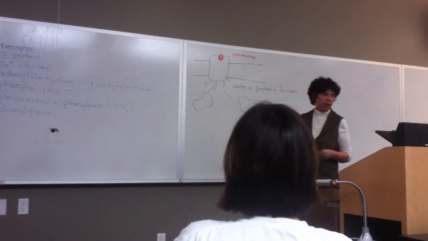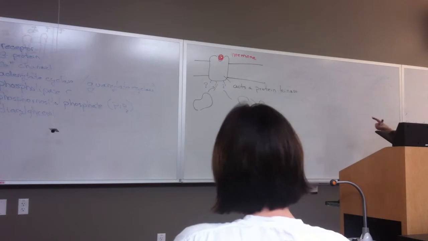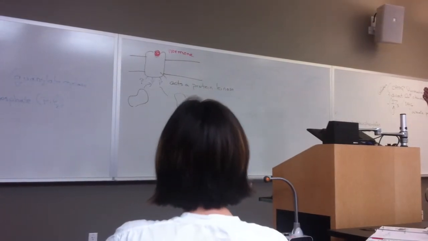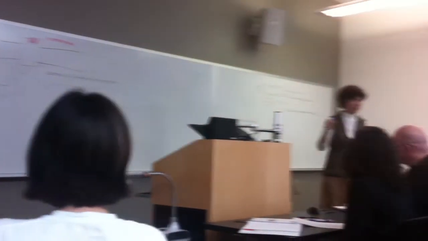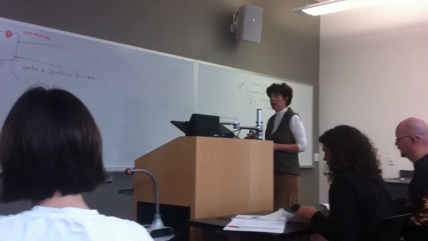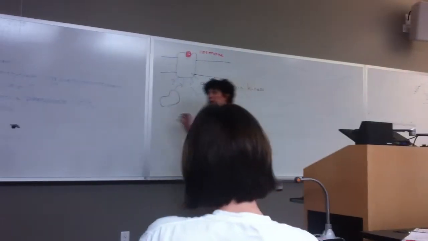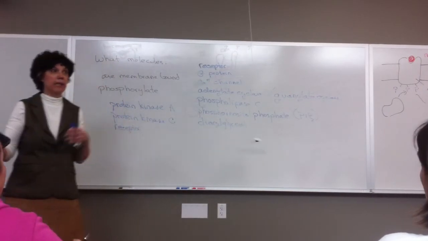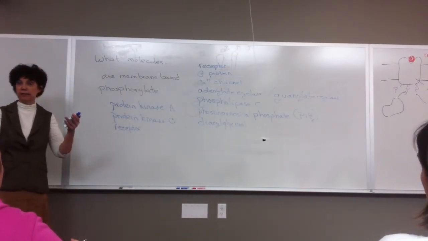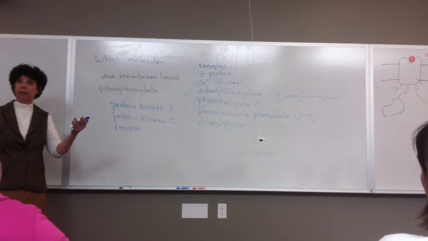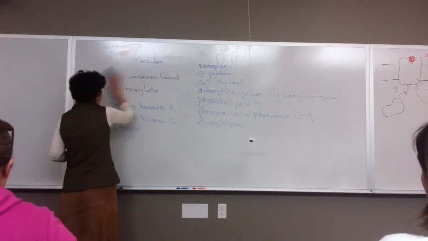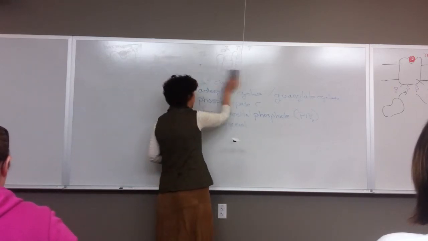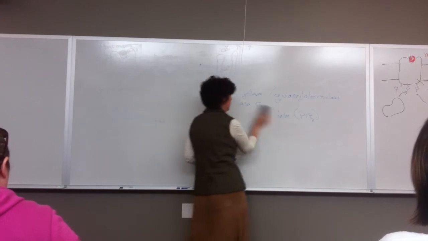Okay, the last concept that we have is to cover molecules that are lipid soluble rather than water soluble. Remember the fact that these molecules are water soluble is what prevents them from being their own messenger. From being what is the first messenger in this pathway? The hormone itself, all right? Because it cannot enter into the cell. Once it enters into the cell and binds with the receptor, it doesn't need a second messenger.